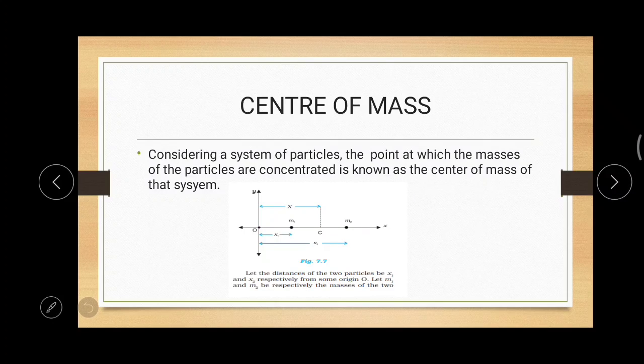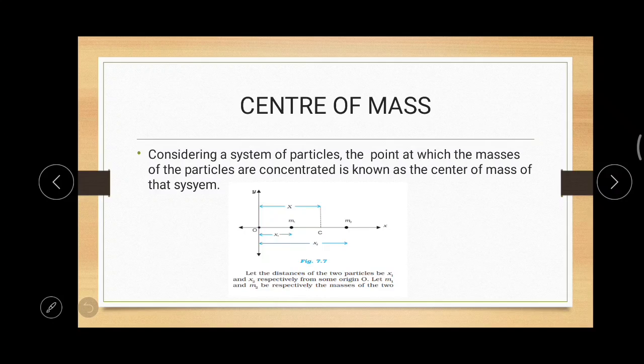Now come to the next concept, that is the center of mass. So if you are considering a system of particles, each particle has various masses. The center of mass is actually the point where the total mass of the system is concentrated.